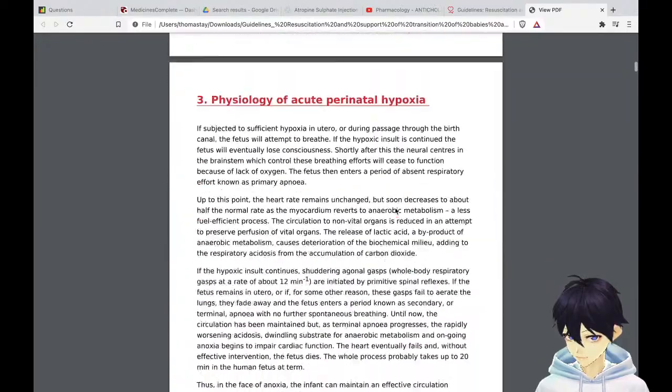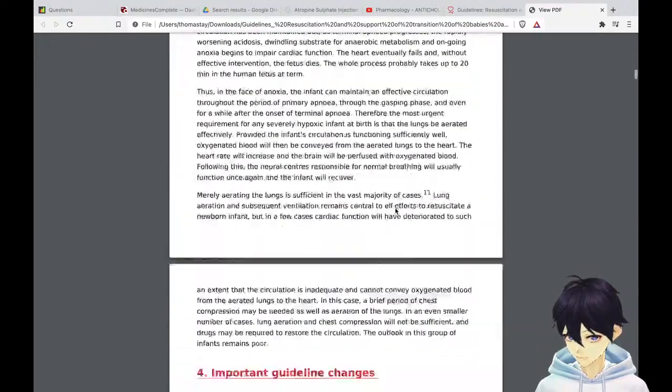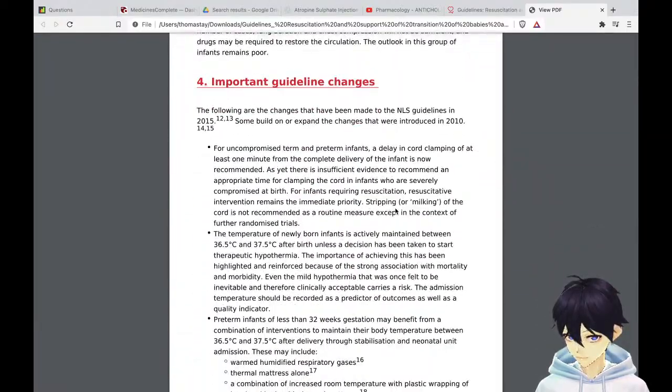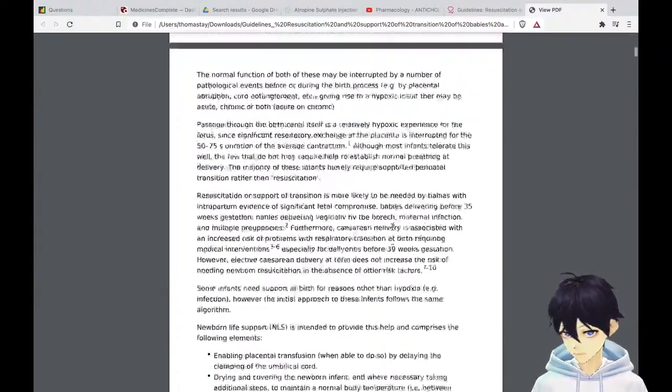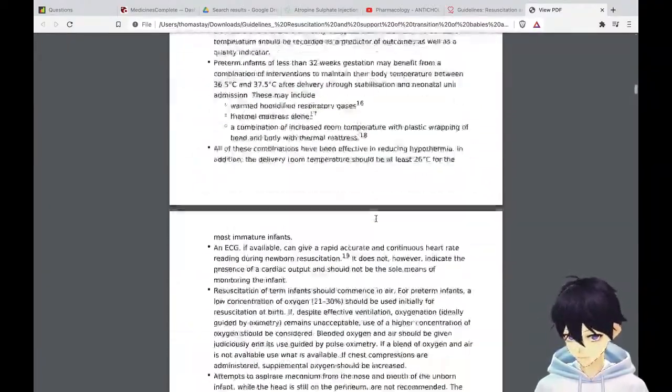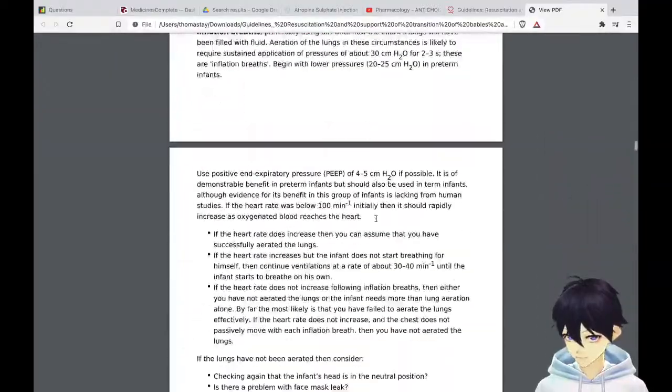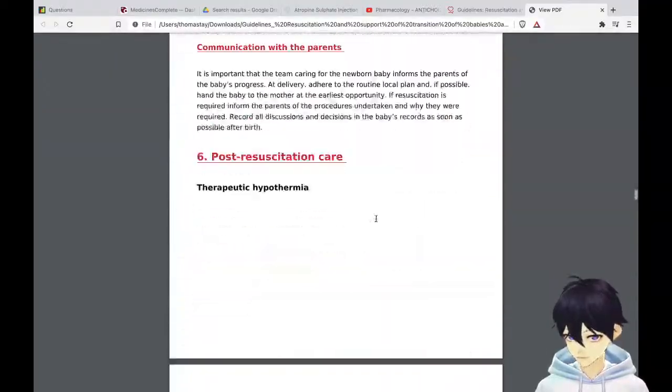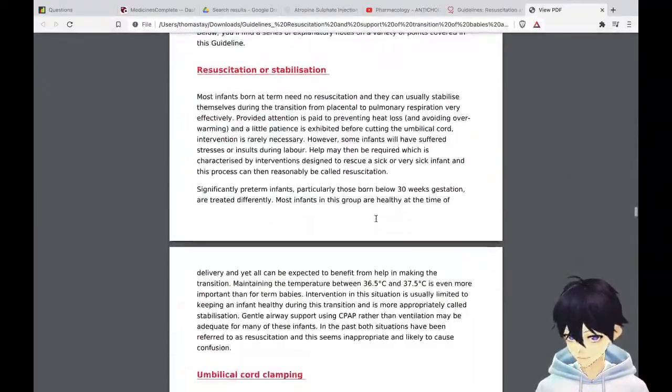I think so. So is it normal for babies? No, they should be crying when they come out. It's not normal if they're not breathing. So let's have a look at the guidelines. Sorry, we are going off on such a big tangent, but something to learn here.